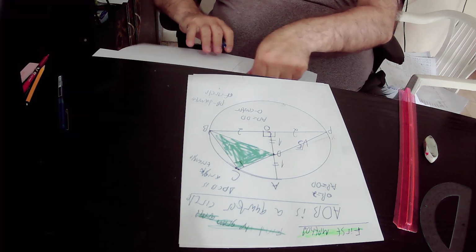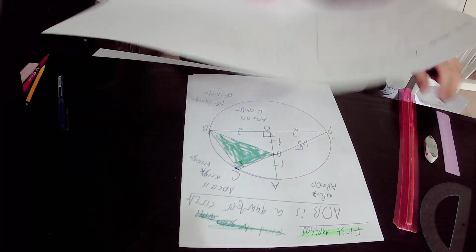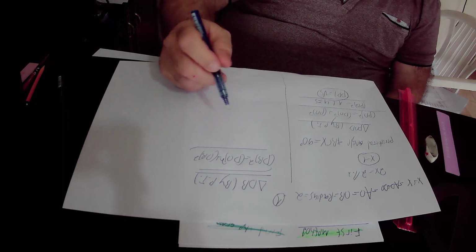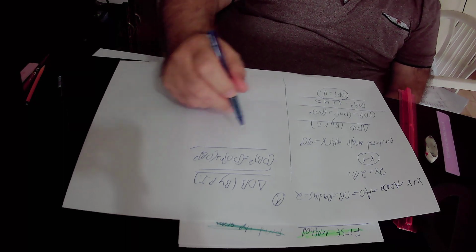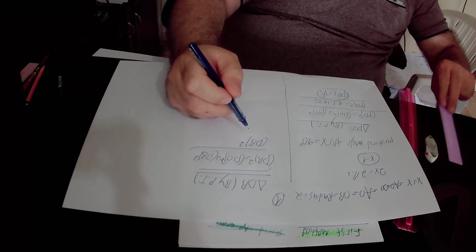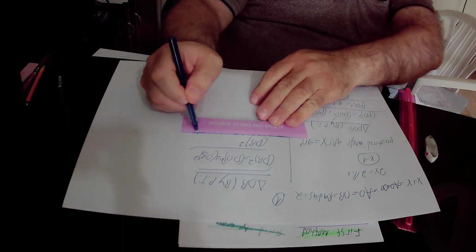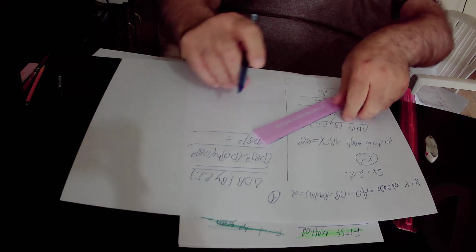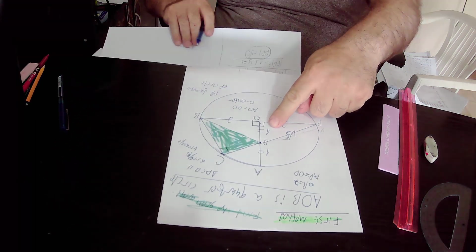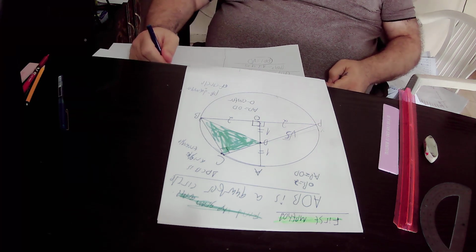I repeat again, in the right triangle DOB, according to the Pythagoras theorem, DB square equals DO square plus OB square. DO is 1, so DO square is 1 square, that is 1, plus OB square.